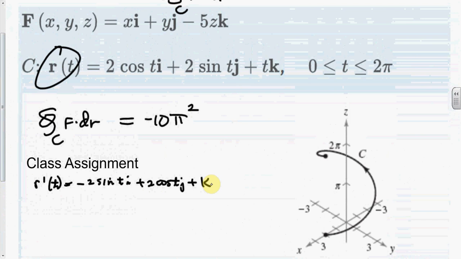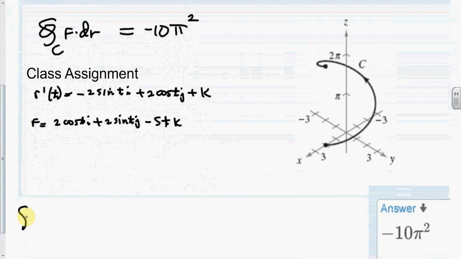So we use that for our dr times dt. And the function F is equal to x, which is 2 cosine t i, plus y, that's 2 sine t j, minus 5z, that's 5t times k.